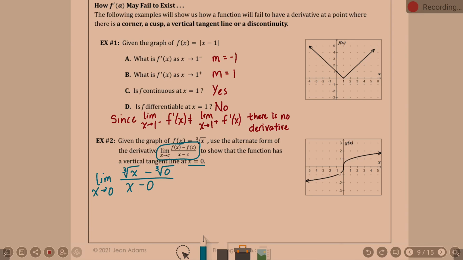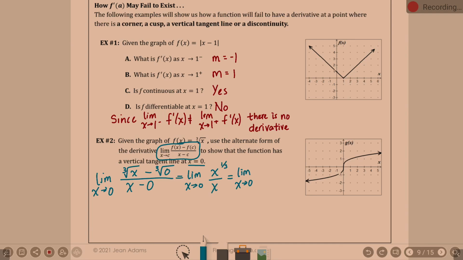Now, if I clean this up a little bit, cube root of x, what's another way to write cube root of x? x to the 1/3, divided by x. What's another way to clean up x to the 1/3 over x? x to the 1/3 times 1 over x. How can we put the x's together? x to the negative 2/3.